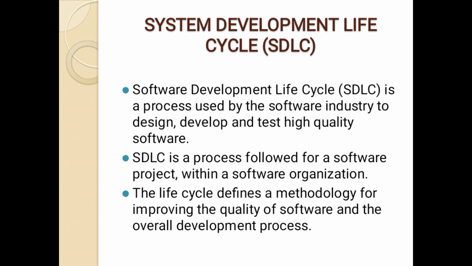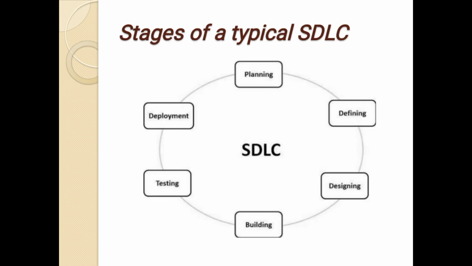The life cycle defines a methodology for improving the quality of software and the overall development process. There are a few stages of SDLC. The stages of a typical SDLC are planning, defining, designing, building, testing, and deployment.